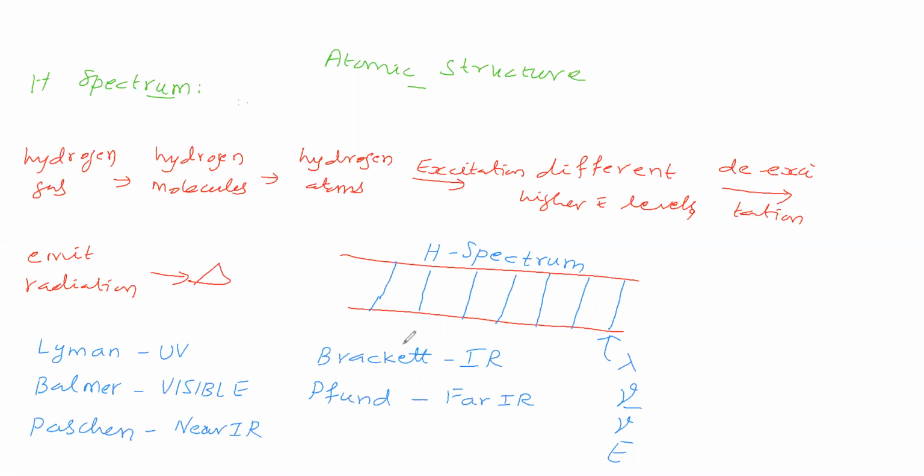Now you say, how many spectral lines does the hydrogen spectrum contain? Is it one spectral line or many spectral lines? What do you say?